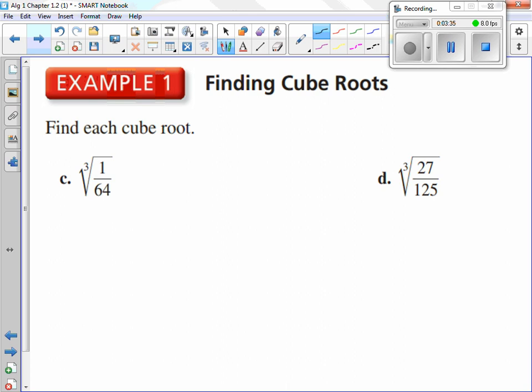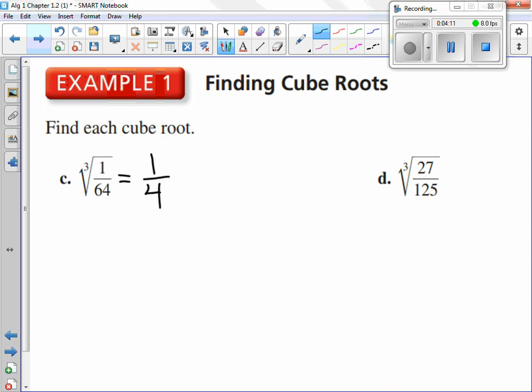Try this one. The cubed root of 1/64. It is indeed 1/4. Because if we plug the cubed root of 1/64 in, we should get 1/4. After you finish that one, you can go on to the next one.